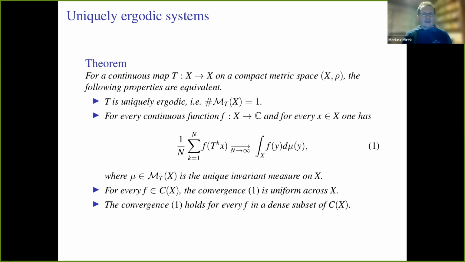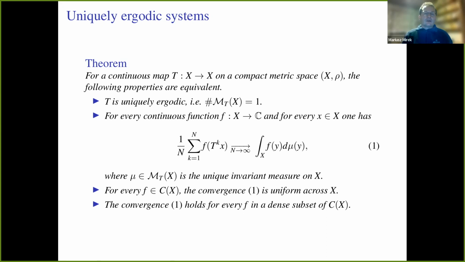And now let me pass to the definition of unique ergodicity, which can be thought of as a concept that allows us to detect sequences which are uniformly distributed, or orbits which are uniformly distributed in continuous dynamical systems.